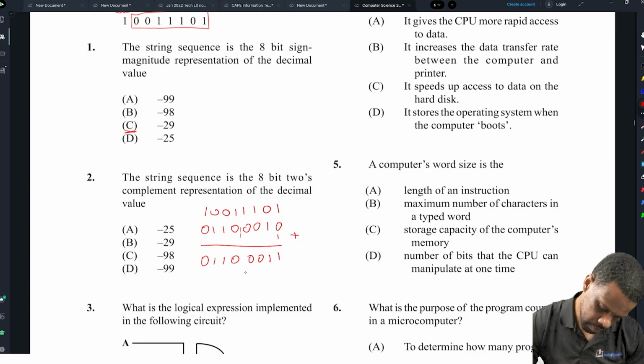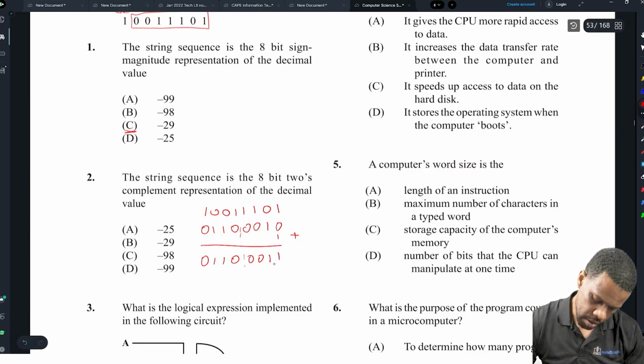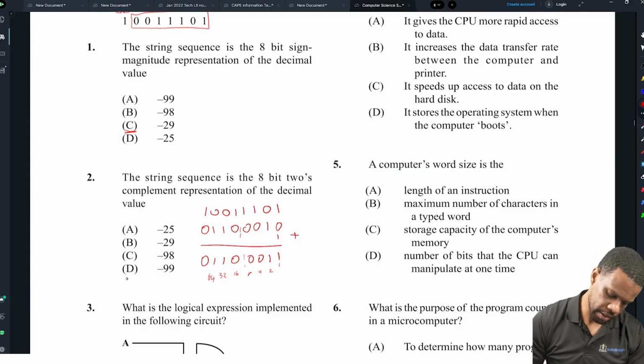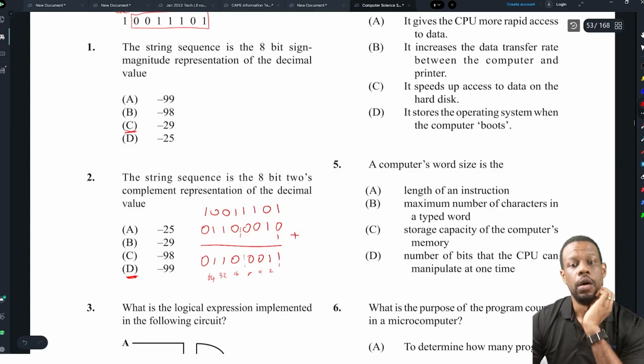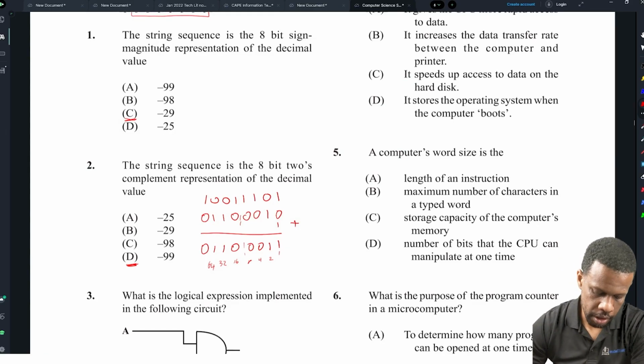Right. So this is 1 2 4 8 16 32 64. So that's 64 plus 32 is 96, and 2 is 98, and 1 is 99, so negative 99. Right, and we continue.